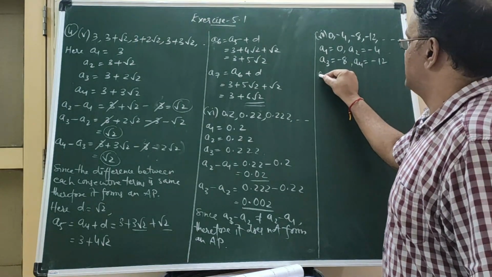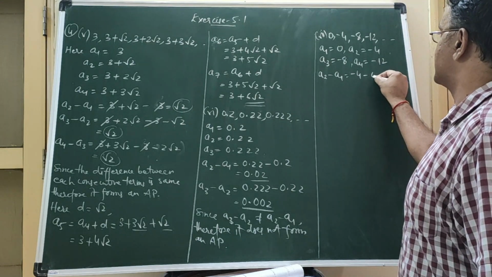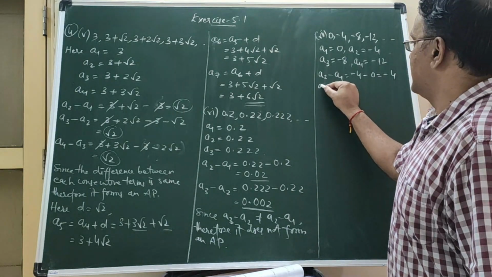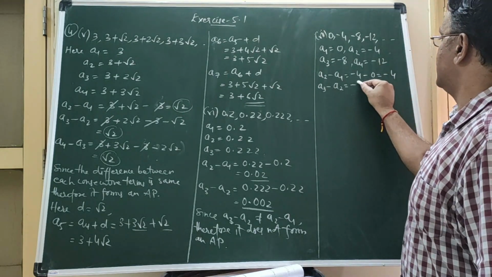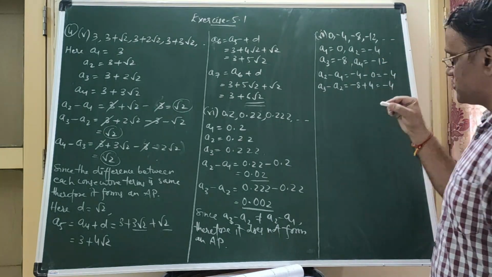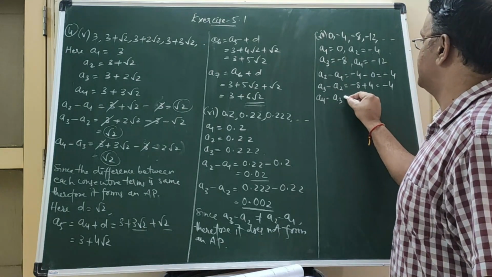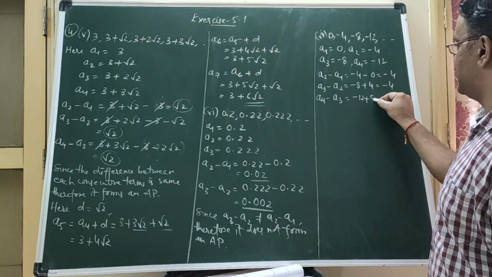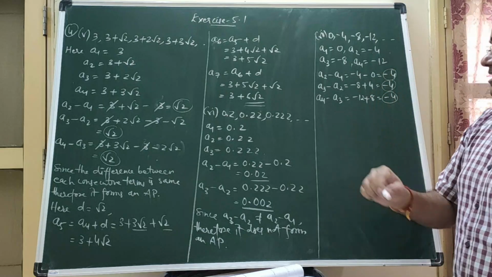So we'll find a2 minus a1 first, that is minus 4 minus 0, we'll get minus 4. a3 minus a2, minus 8 minus of minus 4 will become plus 4, so here also we are getting minus 4. Now a4 minus a3, minus 12 minus of minus 8 will become plus 8, so here also we are getting minus 4. So the whole common difference is the same.